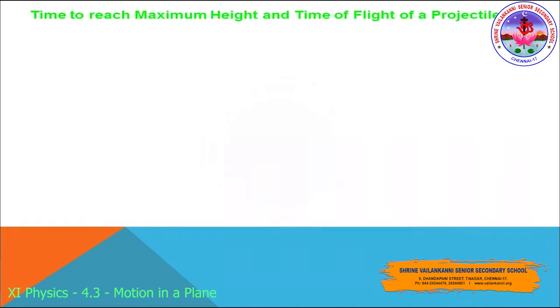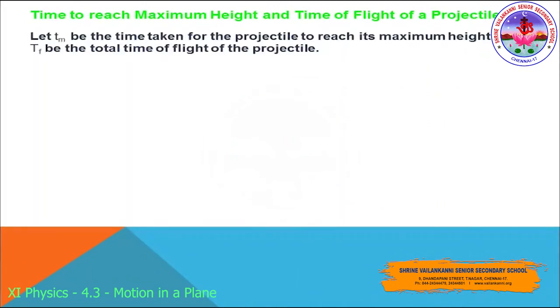So what is the time to reach the maximum height? We can also call this the time of flight of a projectile. Let Tm be the time taken by the projectile to reach the maximum height. At the highest point, the vertical component of the velocity will be 0, right?